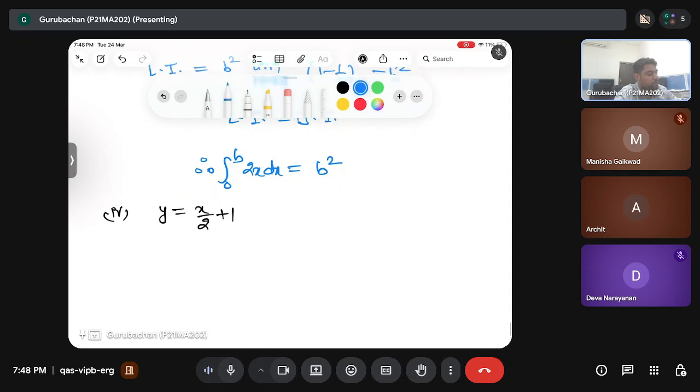Okay. So the fourth part is, now tell me about this one. What will be the area? Directly tell me the answer.